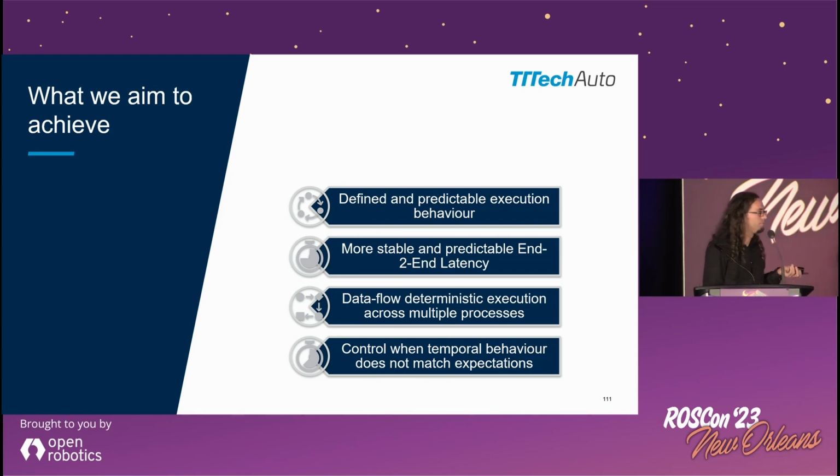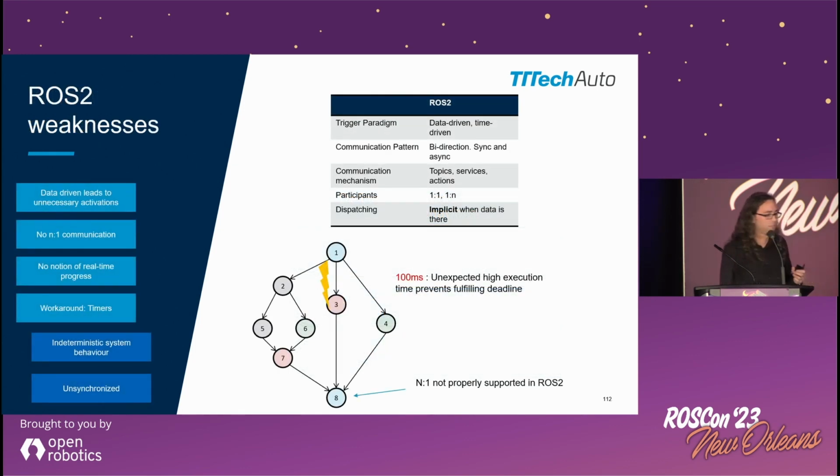And in the end, we also need to control the system when the temporal behavior does not match our expectations, because an algorithm can run longer than expected. There could be temporal interference. We cannot provision a system to the worst case execution time of an application when it's running on a multi-core setup where there's lots of interference going on.